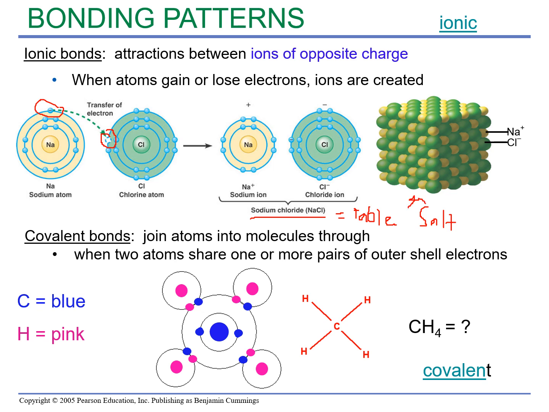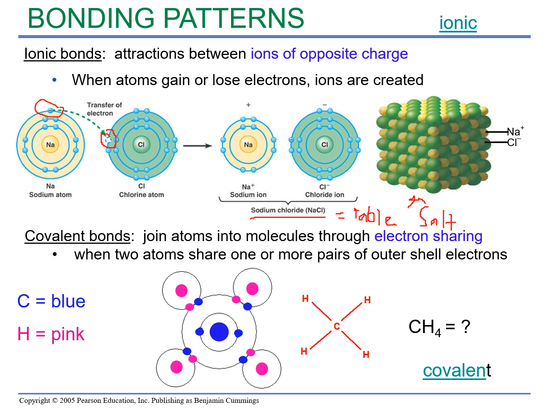All right. So covalent bonds are different types of bonds, and they join atoms into molecules through electron sharing. This means that both atoms share electrons. When two atoms share one or more pairs of outer shell electrons, that is what is called a covalent bond.